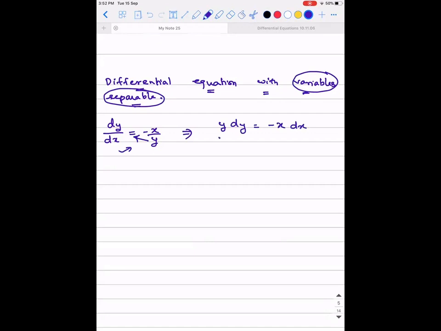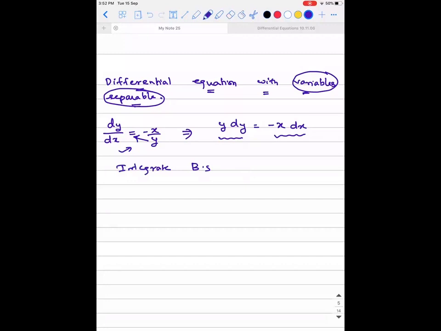If you observe, the left hand side is completely dependent on y and the right hand side is completely dependent on x. So what we are going to do is integrate both sides.